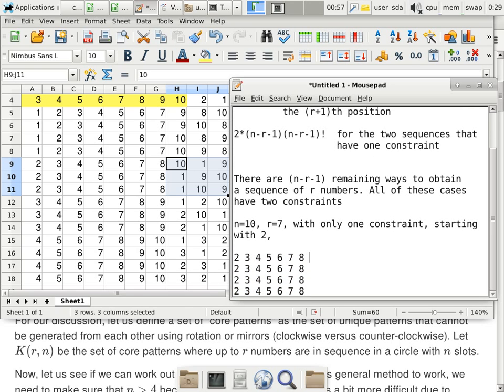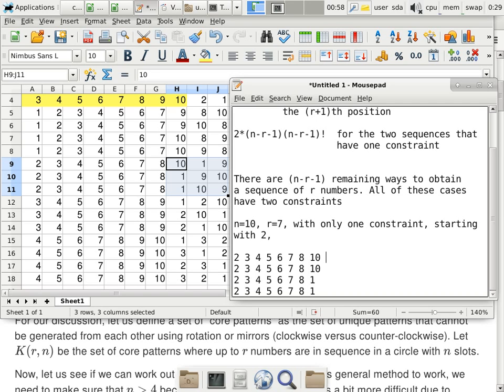We're going to use the same rationale as before, because we only want to place the constraint after the 8, but not preceding the 2. So that means we cannot have a 9 here. We can still have a 10 here. We can still have a 1 here. After the 10 is here, we have met the constraint of not having a 9 following an 8.